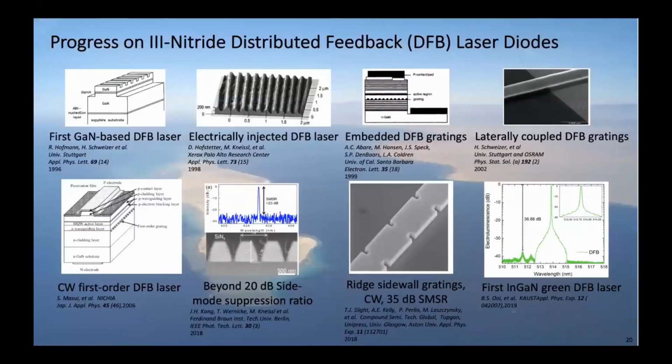Another class of high-speed devices that we are looking at is the DFB laser. Fabricating the DFB laser on indium gallium nitride material is highly challenging because it's a very tough material to etch and to pattern those gratings onto. Various groups have been trying different methods without much success, because etching the gallium nitride introduces a lot of defects and also makes the entire fabrication process highly complicated and very difficult.